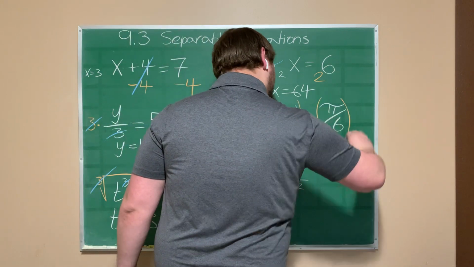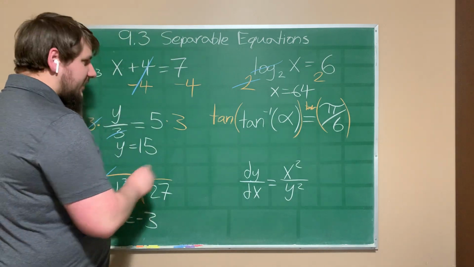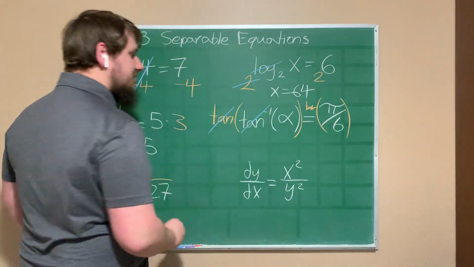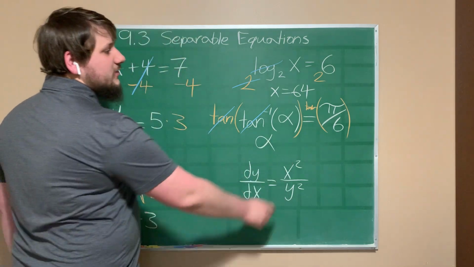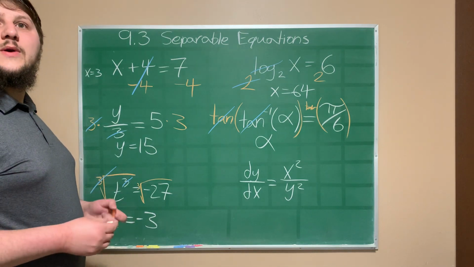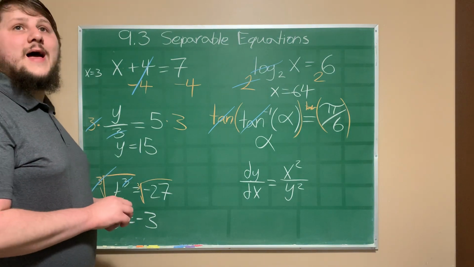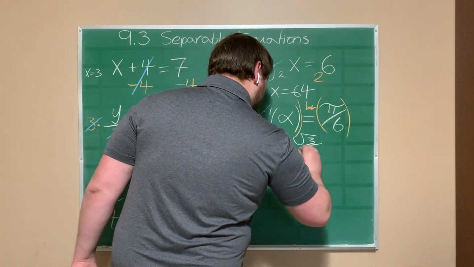Take a tangent on both sides. So now tangent and inverse tangent cancel each other out. We're left with just alpha on the left. And on the right, we get the tangent of pi over 6. That's sine over cosine. So we get 1/2 divided by root 3 over 2. This becomes root 3 over 3.